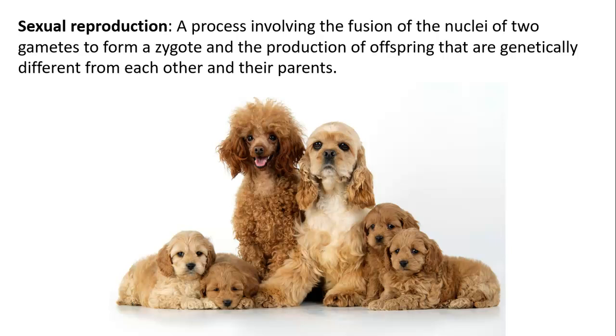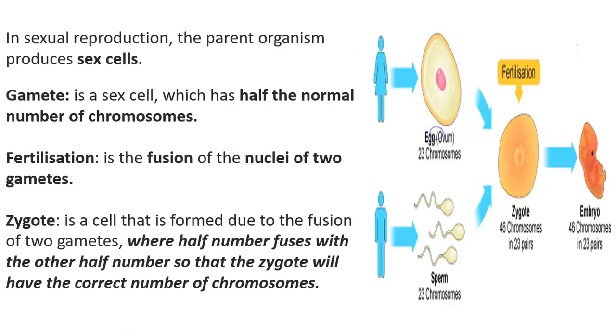Offspring, these are the kids or the next generation that are genetically different from each other and from the two parents. So here you see the offspring, they are genetically different. They are not exactly identical, not to each other and not to the parents, because this is sexual reproduction.